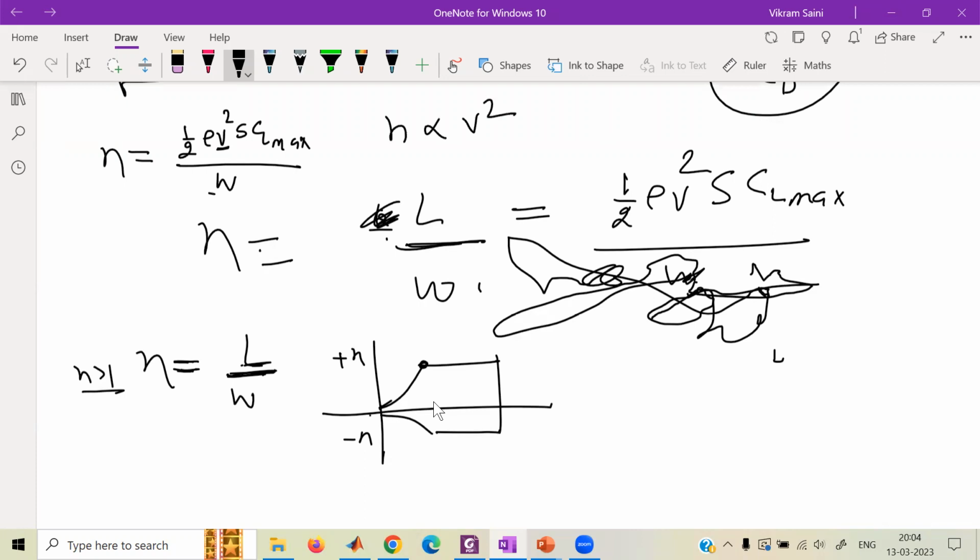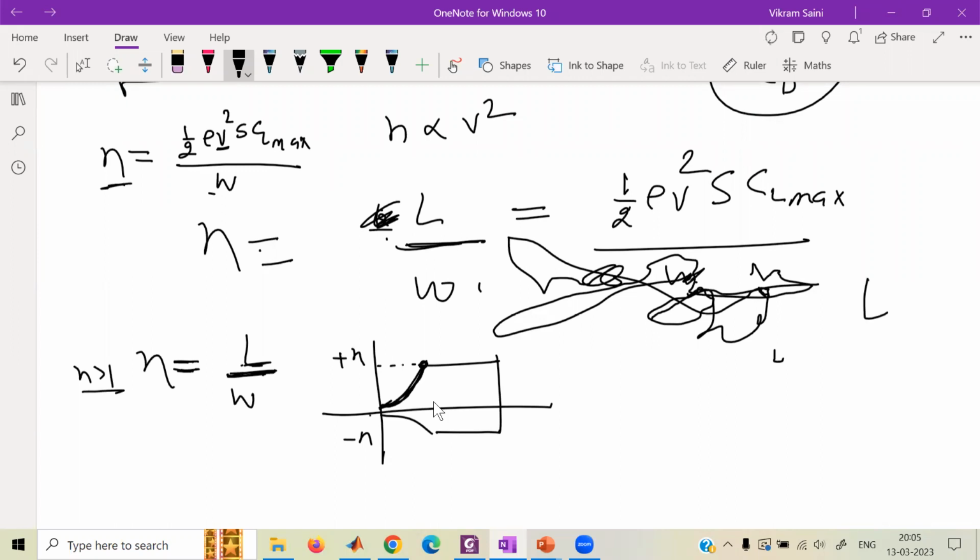You keep increasing the velocity, the vertical force is increasing, and n is increasing, right? At larger velocity. But there is a structural limit an aircraft can experience after that load factor, or after a certain amount of lift. That's maximum lift, your structure will break.